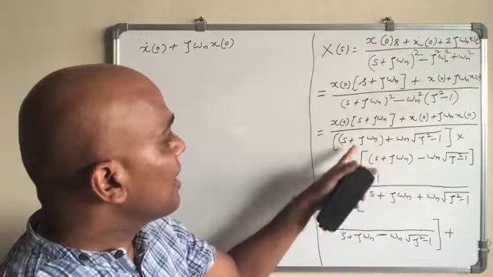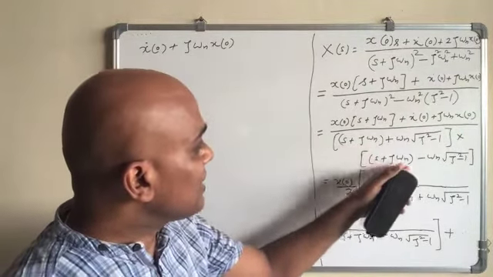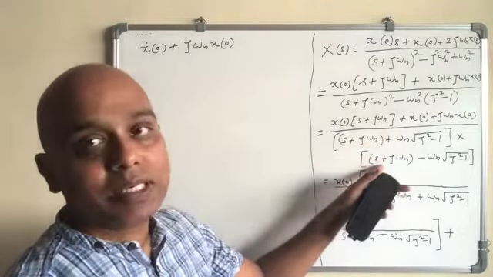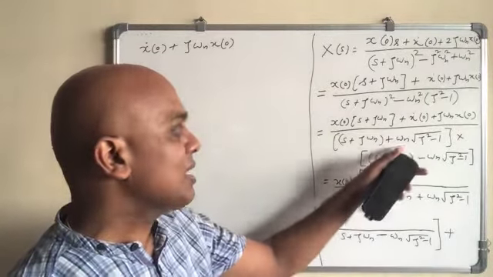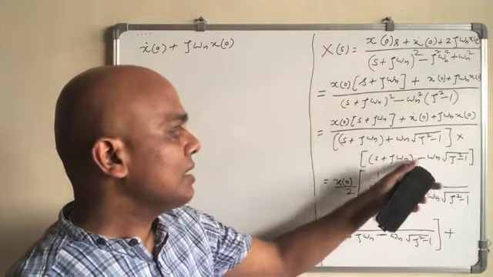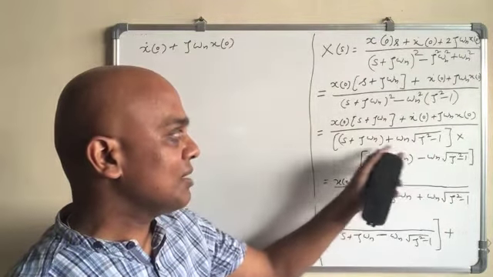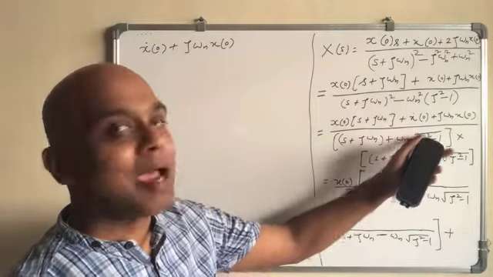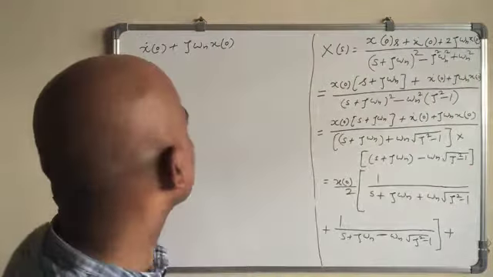So now if we subtract this from this, so s plus zeta omega n, and here also s plus zeta omega n, so this will cancel out. Here omega n times root zeta square minus 1, and here minus, so minus plus, so this minus this will give you 2 times omega n multiplied by root zeta square minus 1, okay.